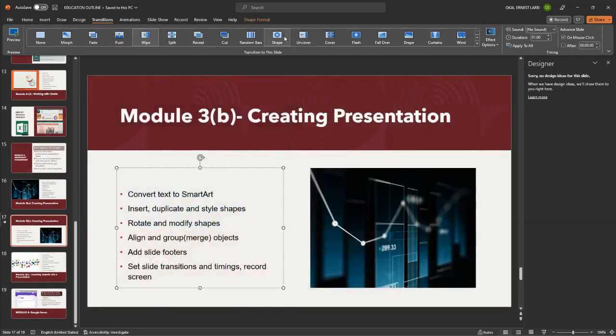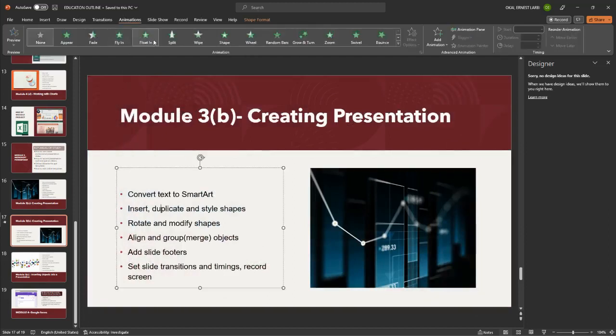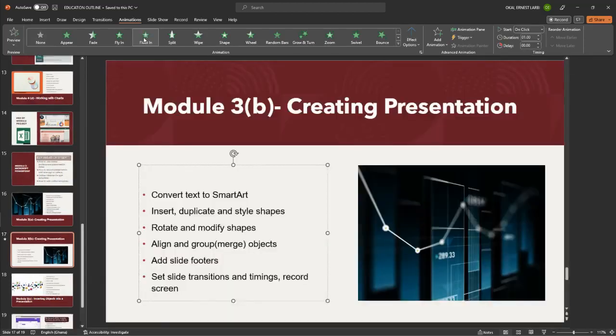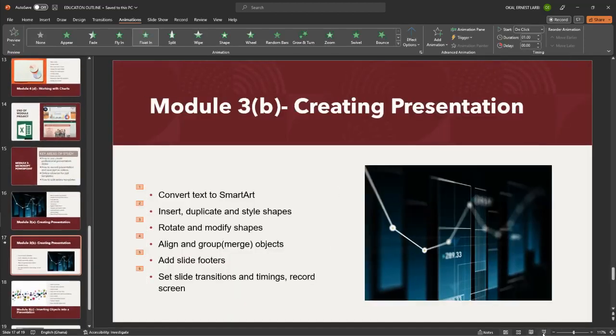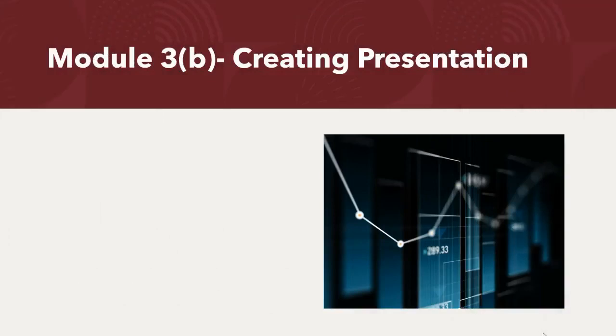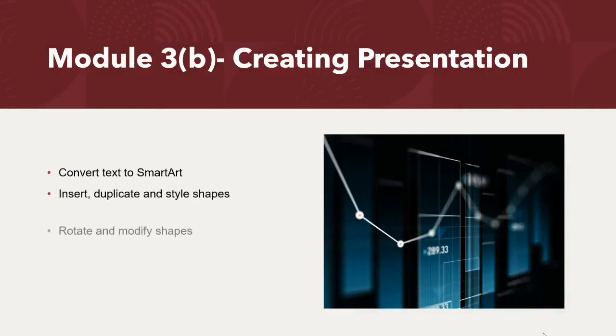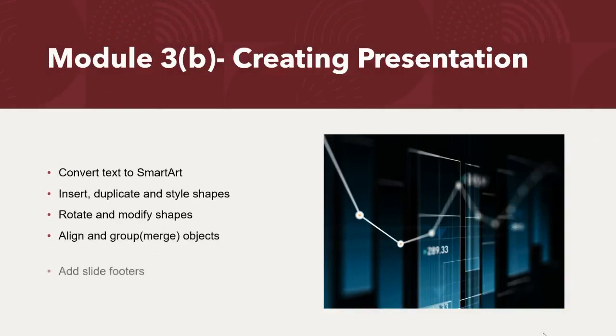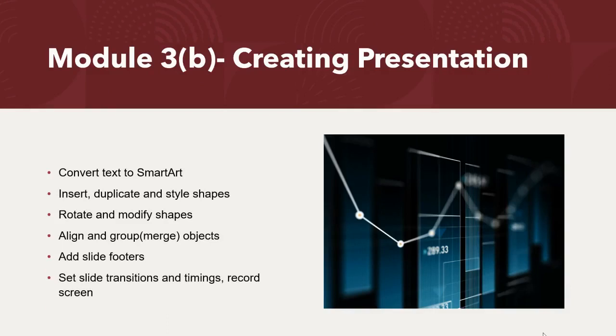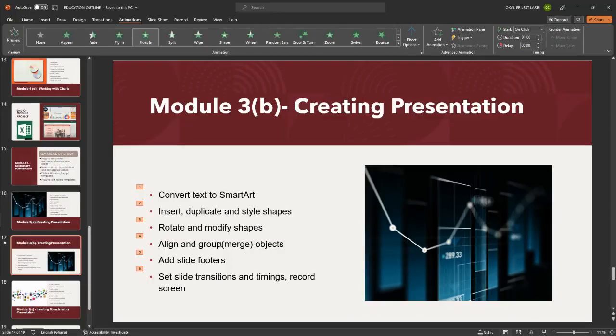Good. But when I come and let's say I give this animation instead and I give it float, so you see, let me do the slideshow. Now you see how the text are popping up. If I click, the text are popping up one after the other. You can see this. Good. So that animation is for only the text.